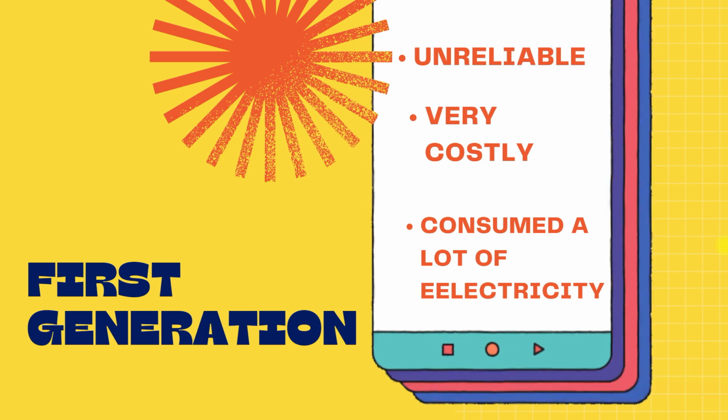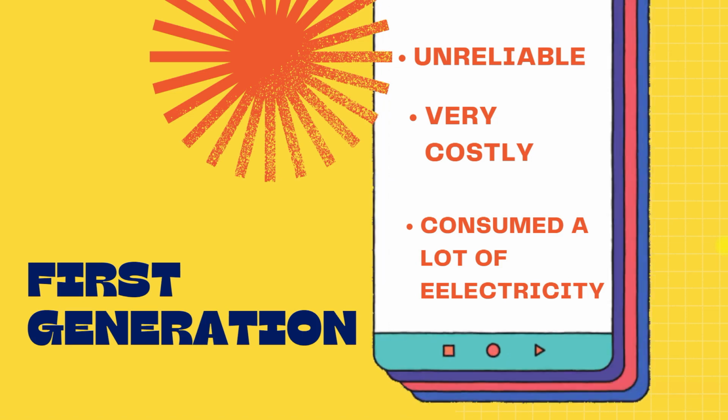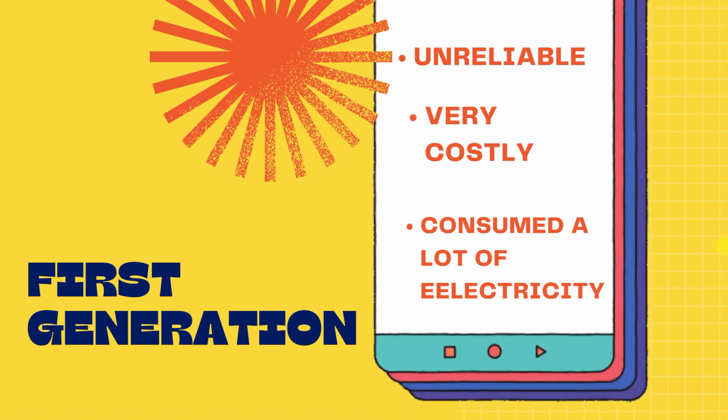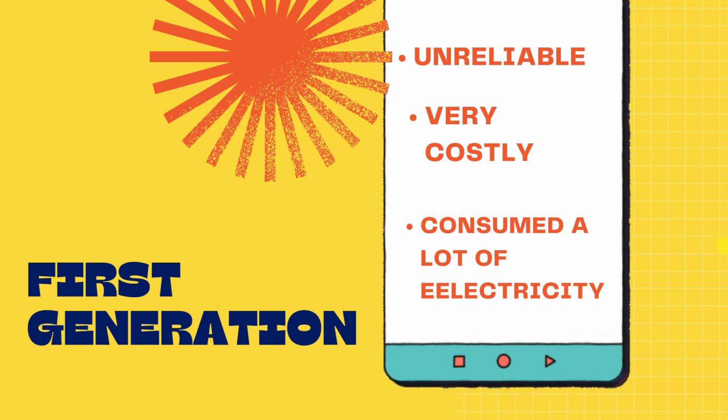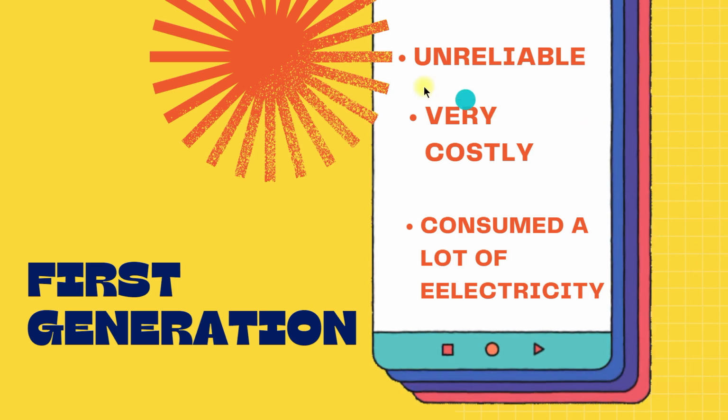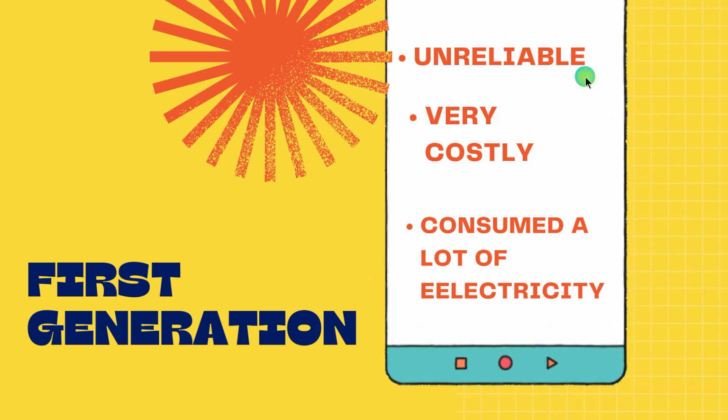The vacuum tubes produce a large amount of heat, so an air conditioner was required for proper functioning, because a lot of heat can cause a malfunction. So first generation computers were unreliable. We can't depend upon these machines.